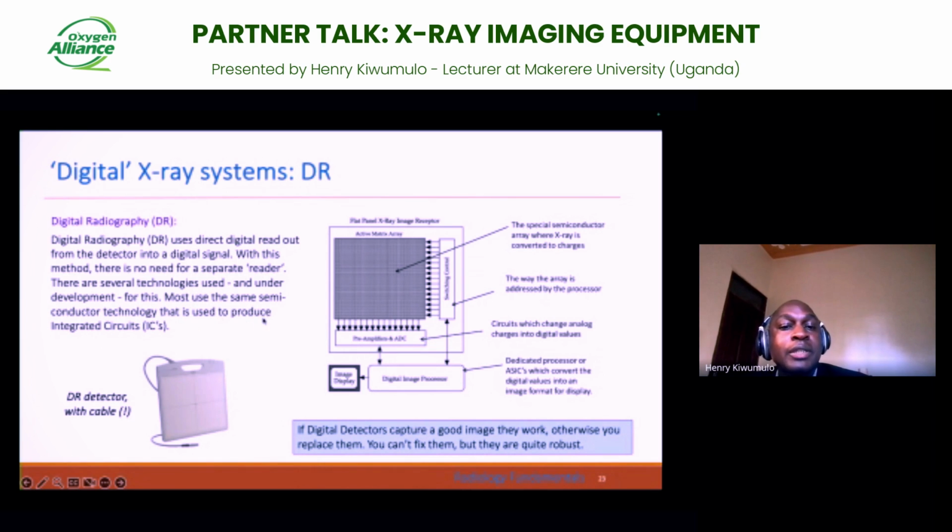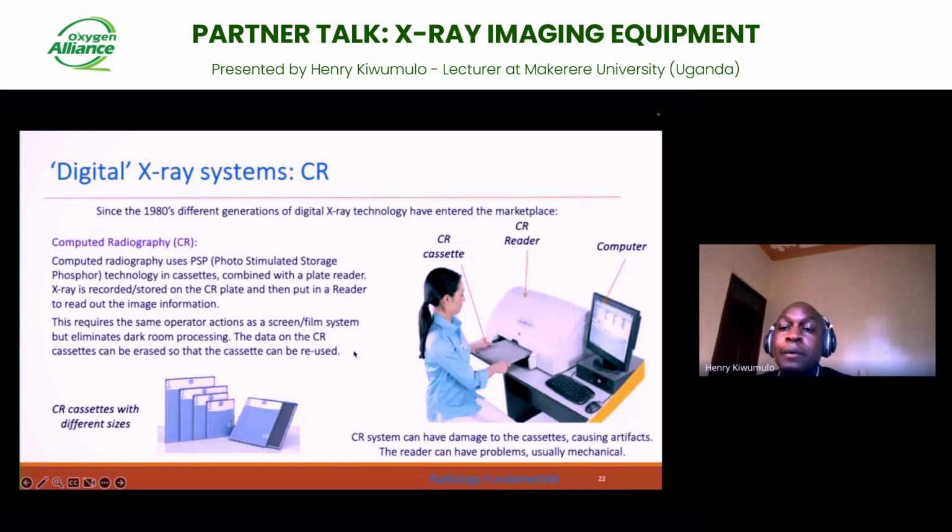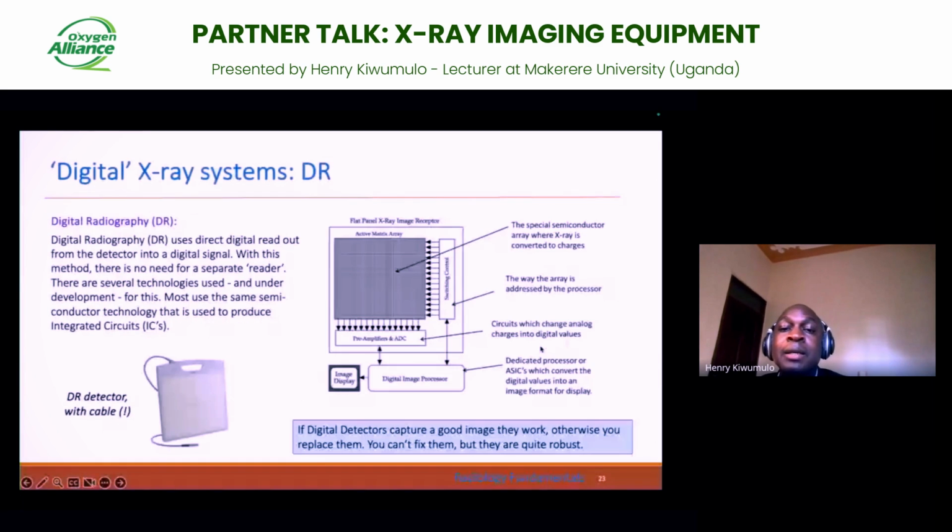There are several technologies used, and some of them are under development. In terms of space, this is quite a smart option, because you don't need a reader like the one we've seen in the previous slide. You just take your X-ray, and then you can map it out or read it out from the computer and get to see the image.